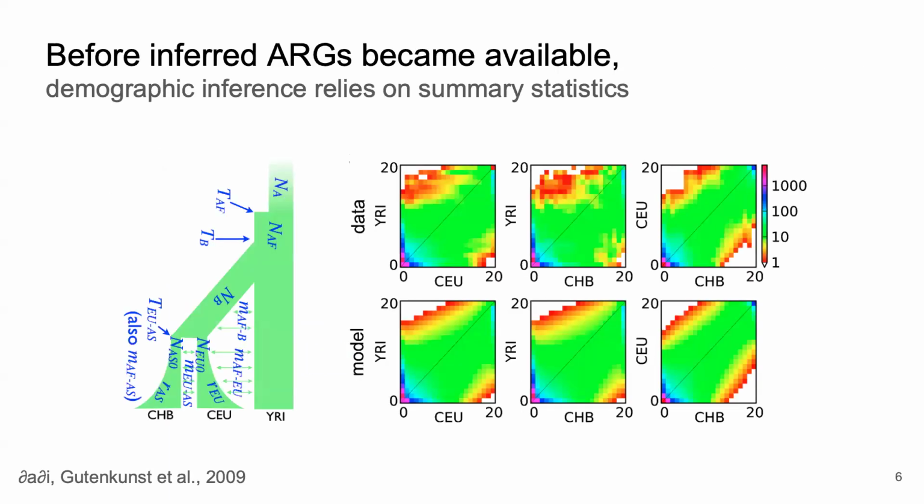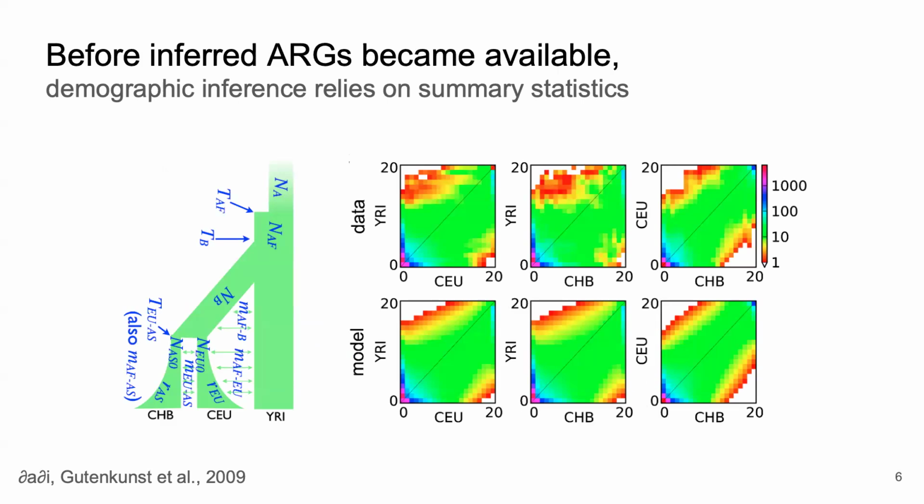Before ARG inference methods were available, demographic inference relied on summary statistics from the genetic data. This is a demographic model that represents the relationship among different populations: Chinese population, European population, and the African population.